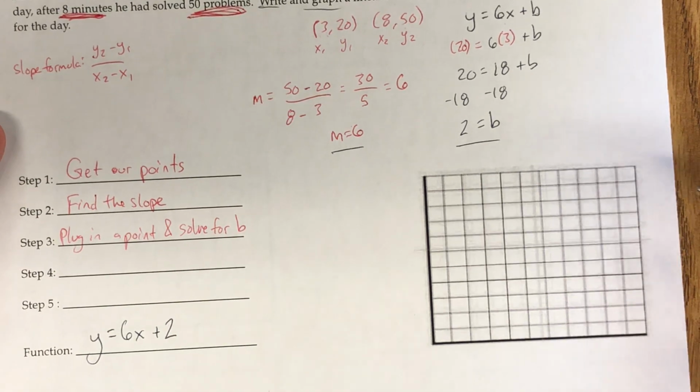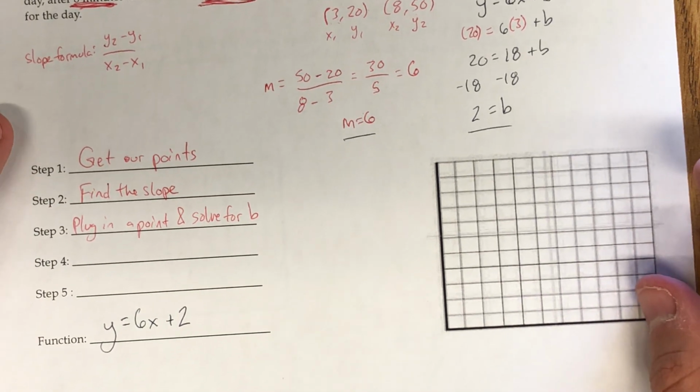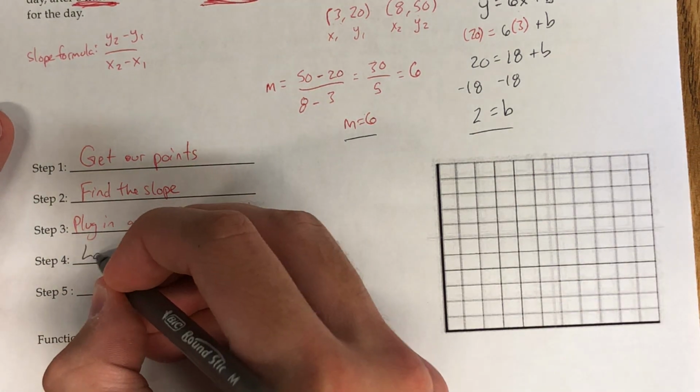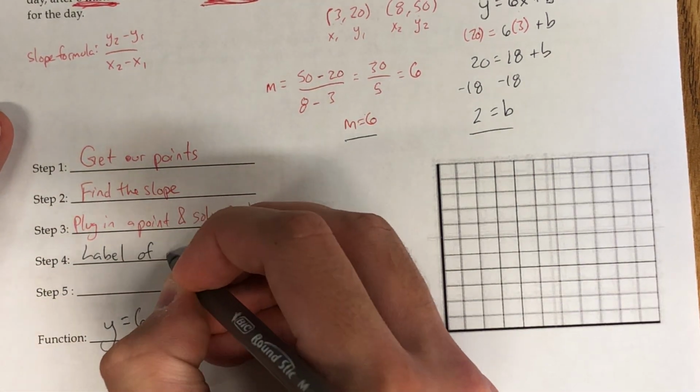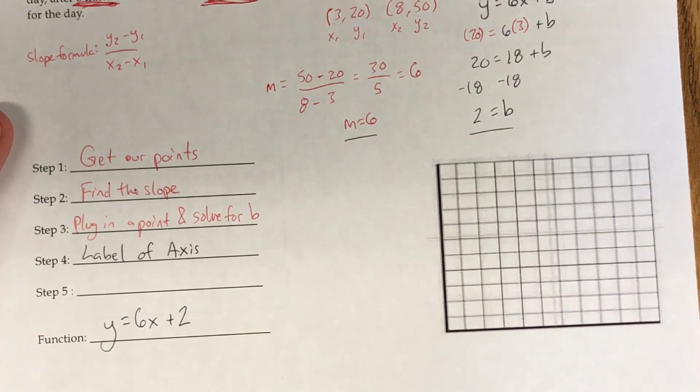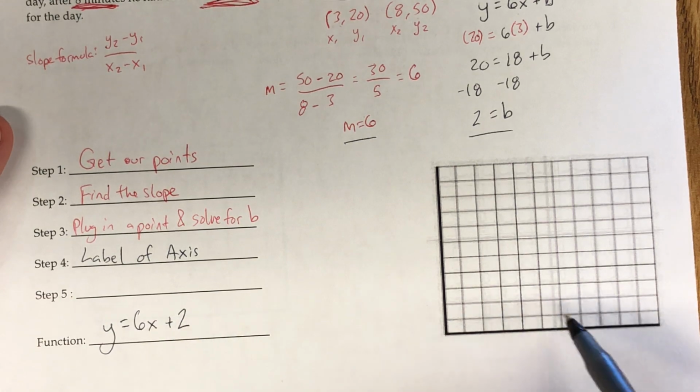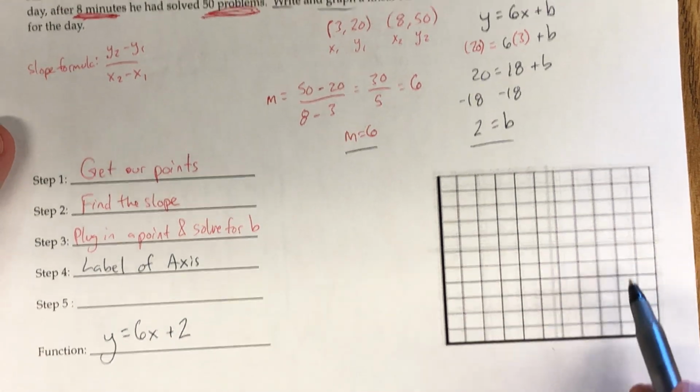So we have a coordinate plane here. As we're graphing y equals 6x plus 2, the first thing we're going to do is label our axes. So you'll notice here, as we think about our axes, we have to think about what x and y represent.